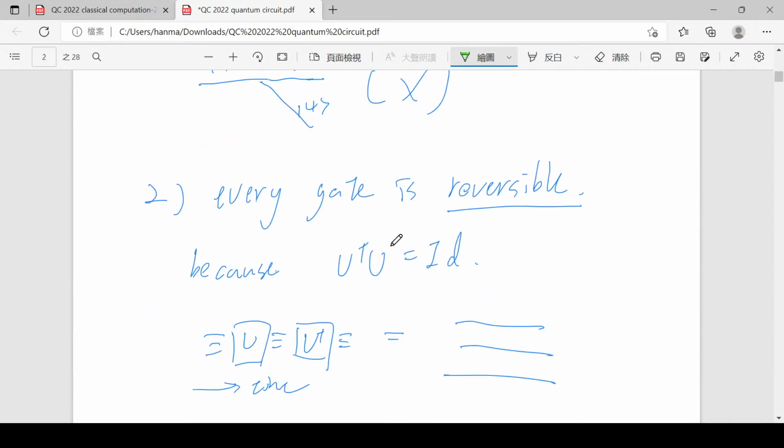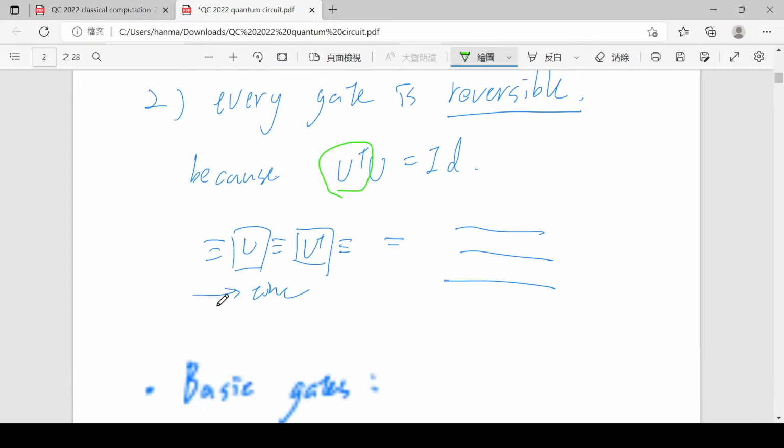And unitary operators are just reversible. Remember from the definition of unitary operator, we have that U times U dagger equals identity. And this U dagger here is just how you reverse your gate U. Remember, U dagger is another unitary.